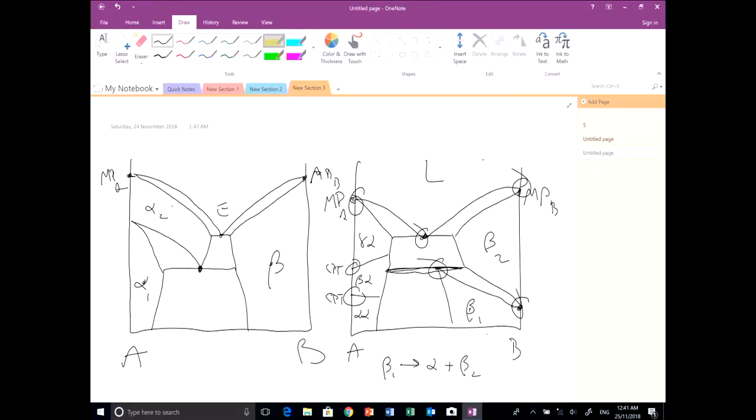Can I identify a eutectoid point? Can I? There is actually a eutectoid point here. We don't normally think of it, but it is. So if that's a eutectoid point, that would suggest that one of these might be a paratectoid point as well.